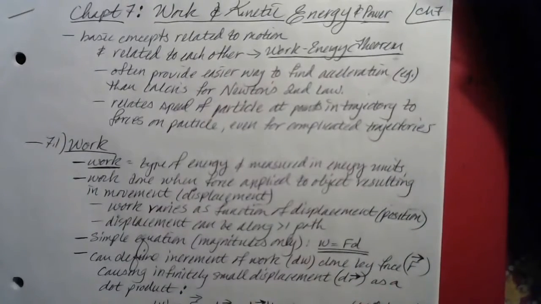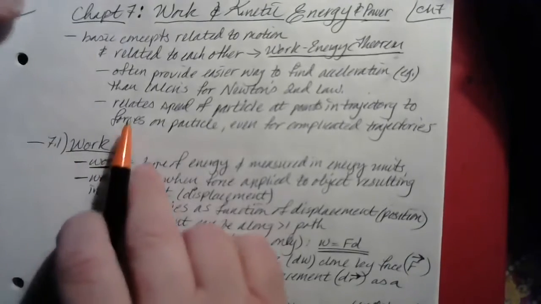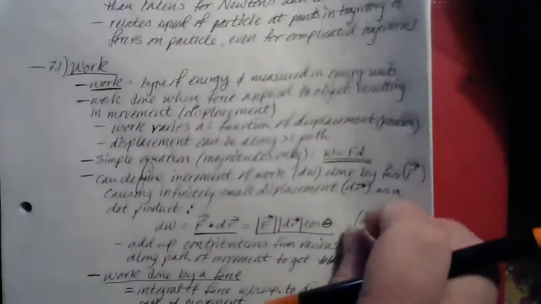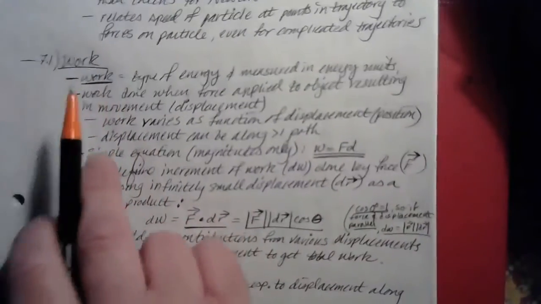It will often provide an easier way to find out information about objects in motion based on the forces acting on them, or to find out the motion based on the forces acting on it, one or the other. But that's still in the future. So let's actually get right into work.